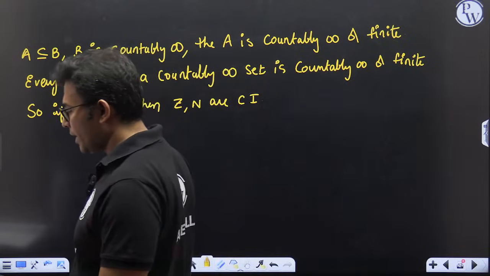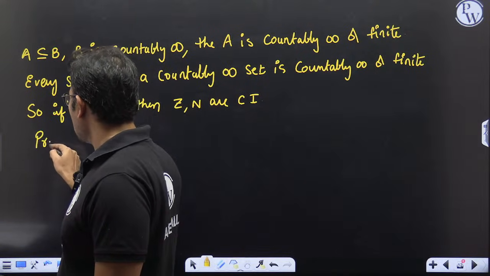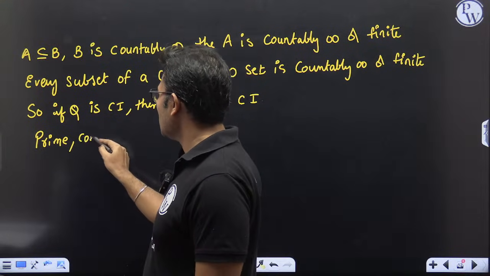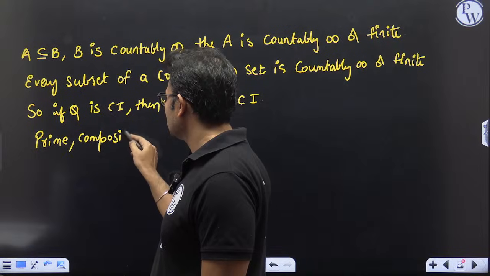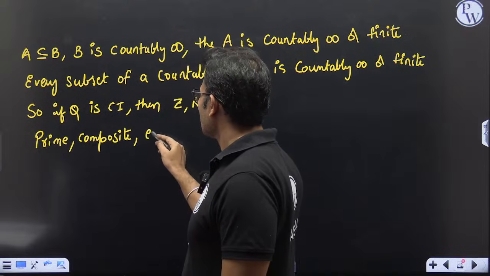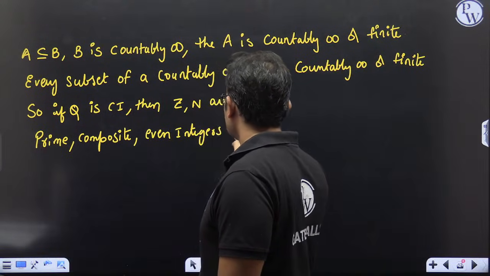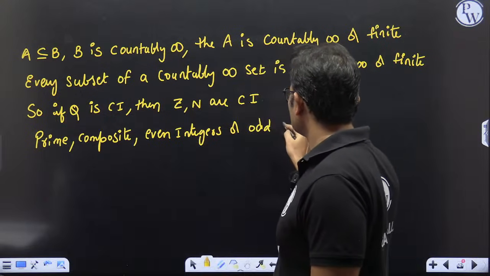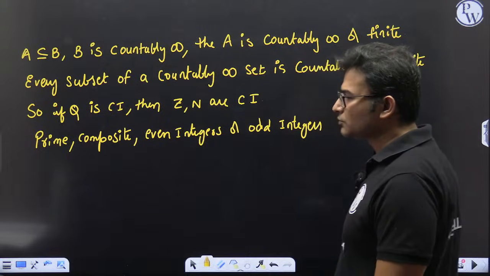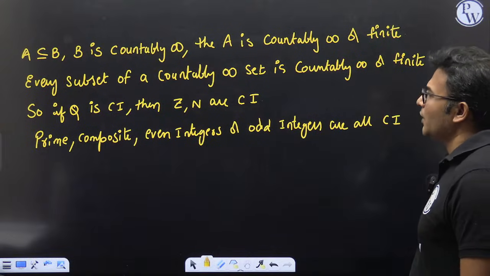We can also go ahead and say that prime numbers are countably infinite, composite numbers are countably infinite, and even integers or odd integers are all countably infinite, right?